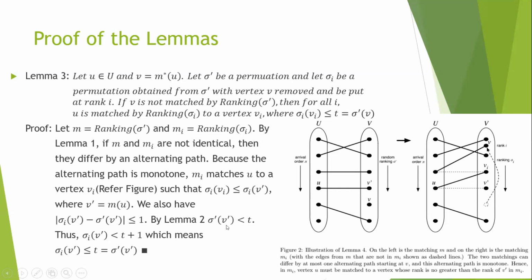By lemma 2, the rank of V prime in sigma prime is smaller than T. Thus, the rank of V prime in sigma I is smaller than T plus 1, which means that the rank of V prime in sigma I is smaller than or equal to the rank of V prime in sigma prime.